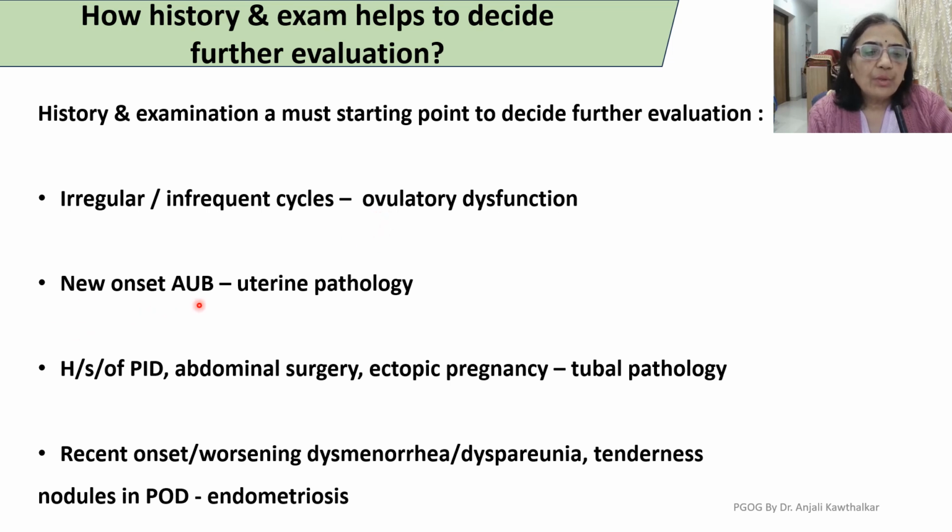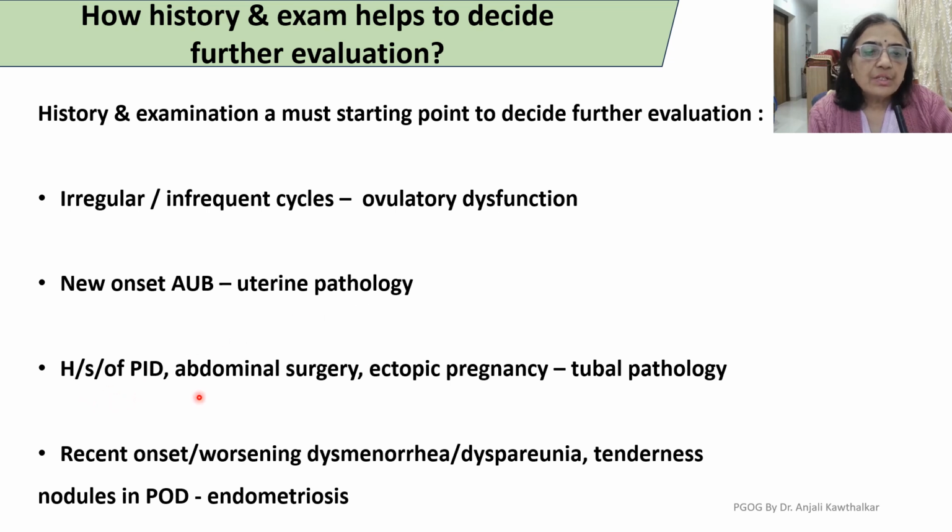For new onset abnormal uterine bleeding, we need to see whether there is any uterine pathology, such as leiomyoma or adenomyosis, with more and more girls opting for pregnancy with age already going beyond 30 or 35 years. We are getting these pathologies more commonly affecting fertility.